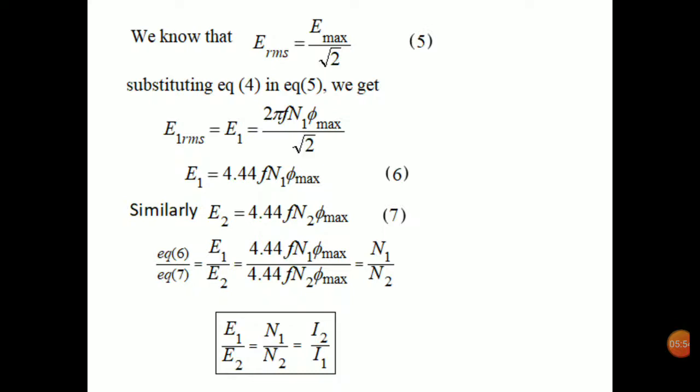So we get E1 by E2 is equal to 4.44 f N1 phi max by 4.44 f N2 phi max. All the terms get cancelled and we are left with only N1 by N2. So E1 by E2 is equal to N1 by N2, which will be equal to I2 by I1. This is the transformation ratio equation.